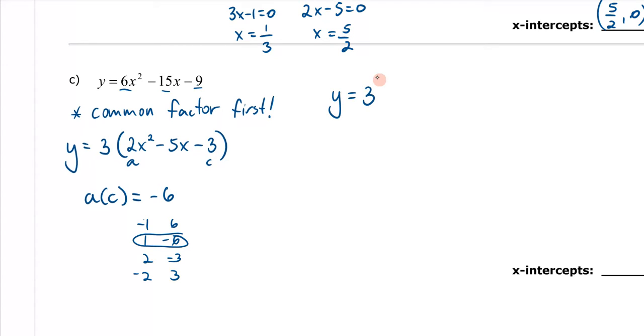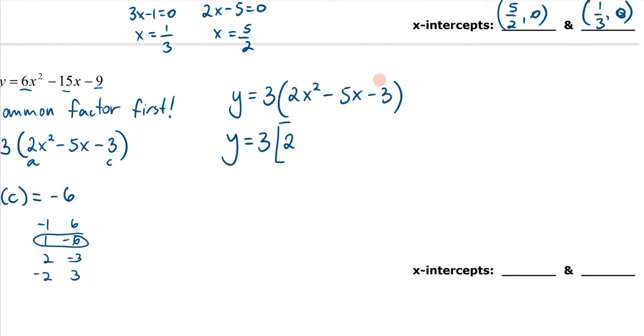Y equals 3, brackets, 2x squared minus 5x minus 3. I am going to split the 5x. Let's turn the round brackets into square brackets because I'm going to be using more brackets. So 2x squared, 5x gets split up into minus 6x plus 1x, and then you have your minus 3.